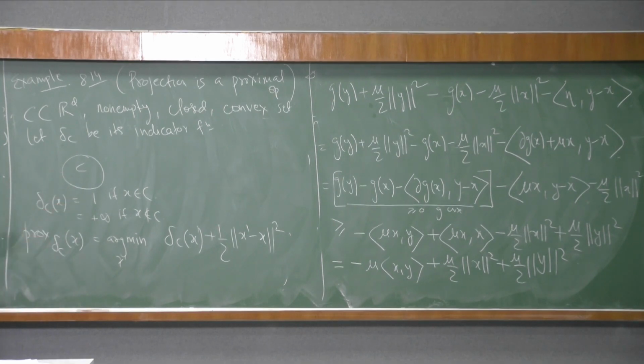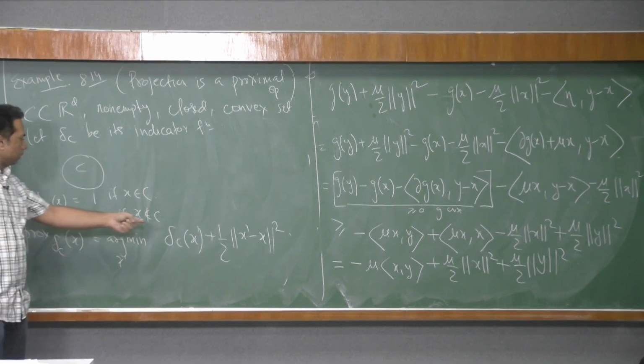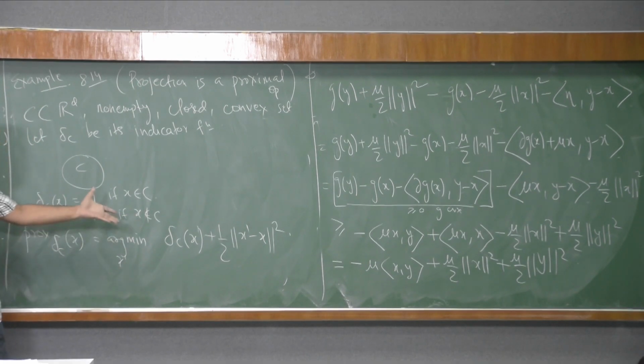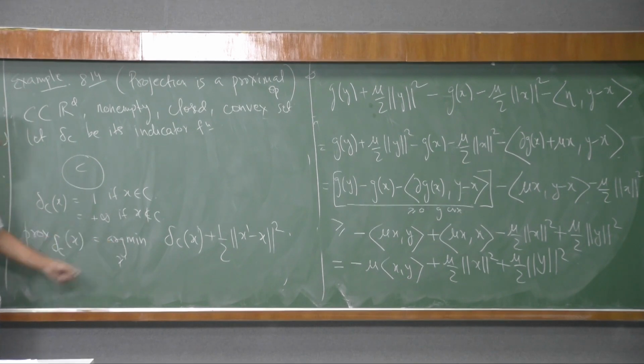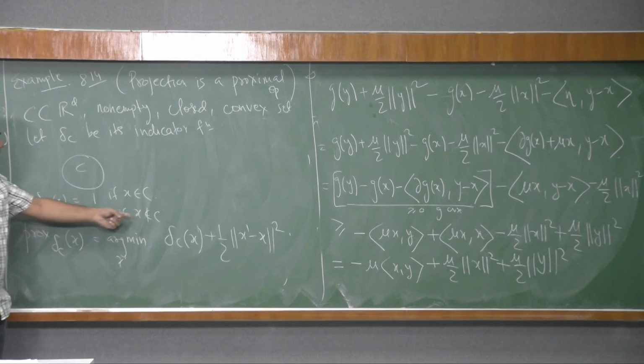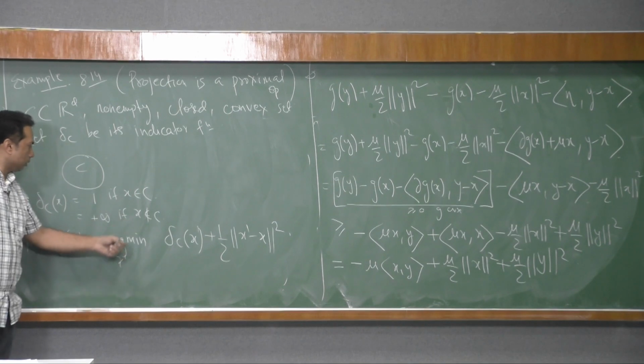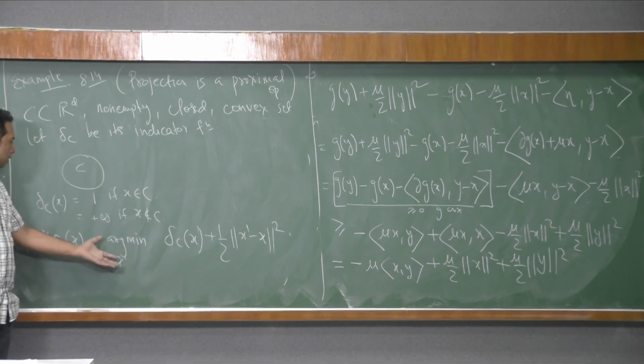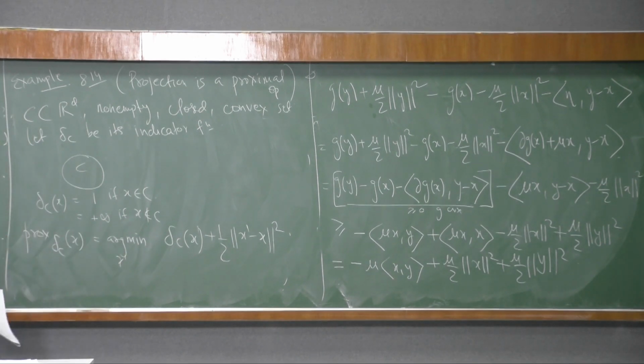If I see this, then if x' doesn't go in C, then it's infinity, but I'm looking at the argmin, so that's not an interesting case, because I'm looking for a minimization. Definitely x' out of C won't be an argmin, because that's leading this to infinity.